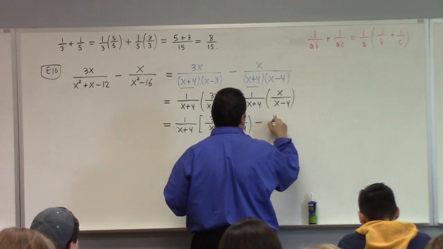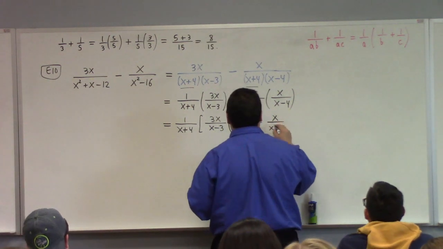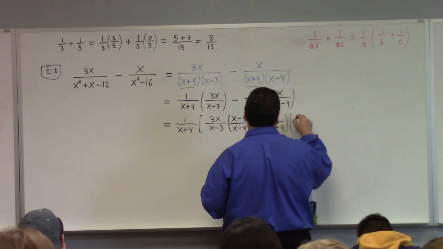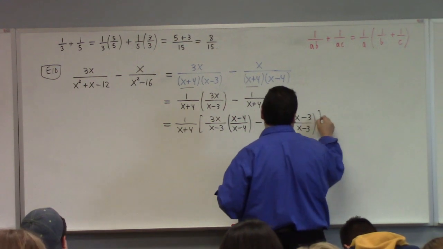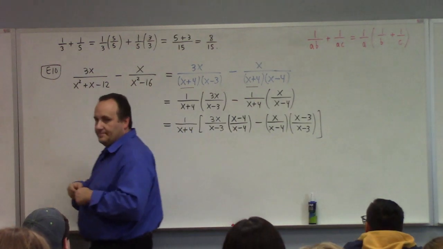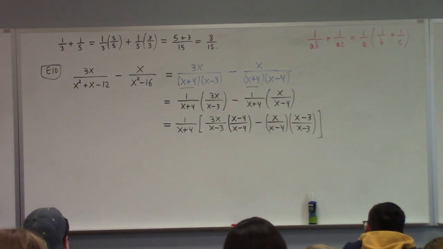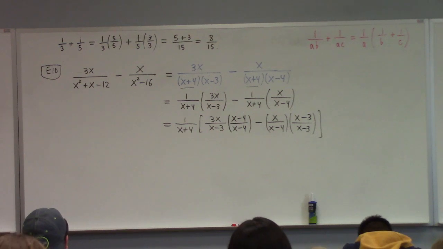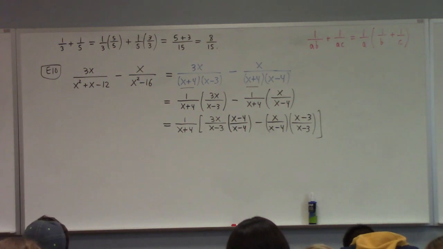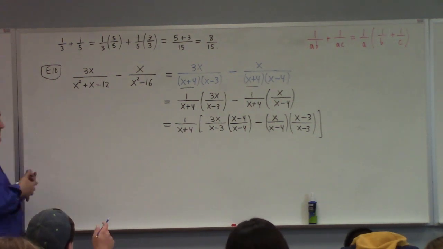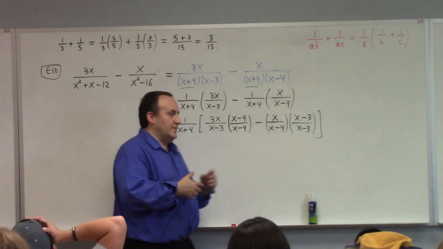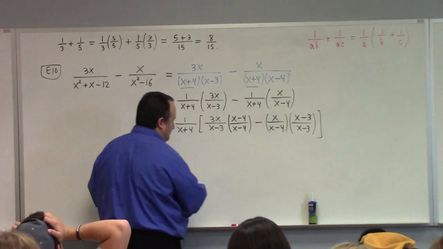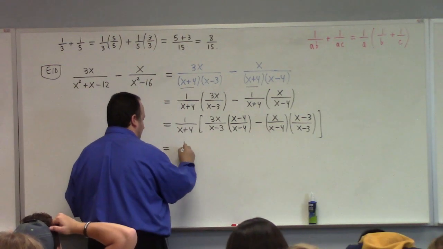And then I will take this x over x minus 4 and multiply it by what? x minus 3 over x minus 3. That's the analog of multiplying the fraction by 5 over 5 or 3 over 3. I'm multiplying it by 1 to make the denominators match up. Why am I allowed to do this? Because I'm just multiplying by 1, right? So that now the denominators match, and I can add the fractions.